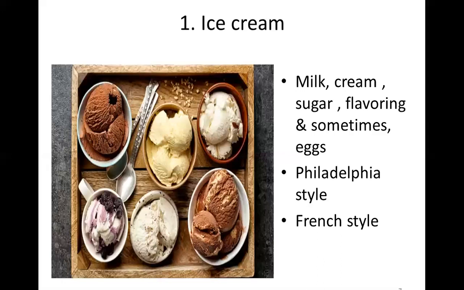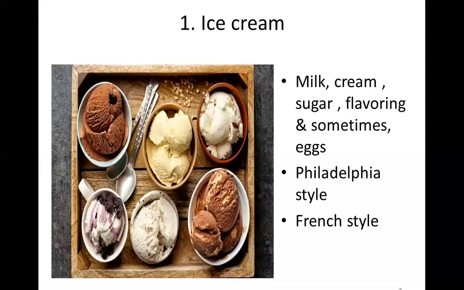There are two styles of making ice cream. The first one is Philadelphia style ice cream. These ice creams do not contain any egg yolk. And the French style ice cream contains egg yolk. The egg adds richness and helps to make a smoother product because of the emulsifying properties of the yolk.